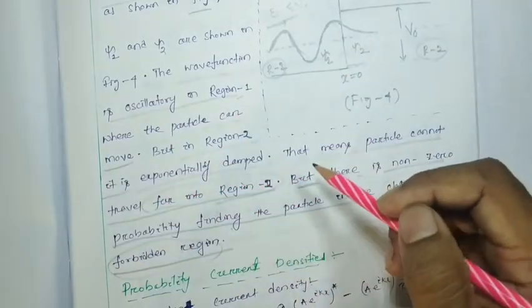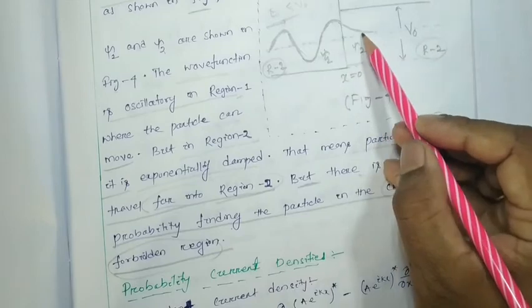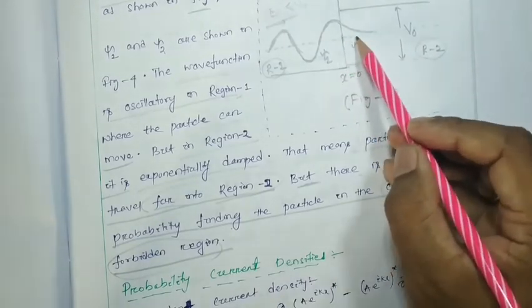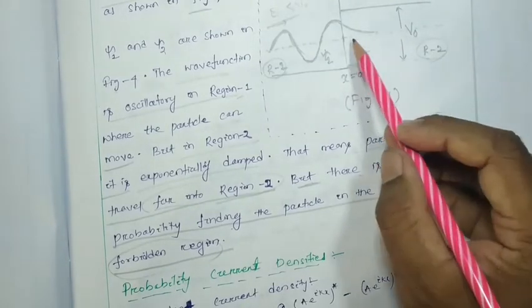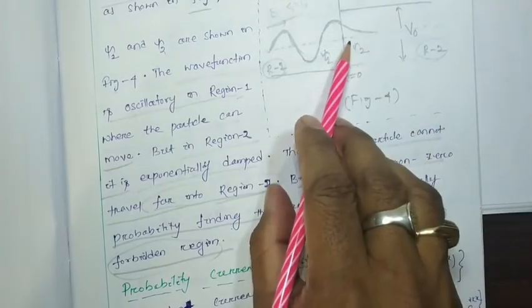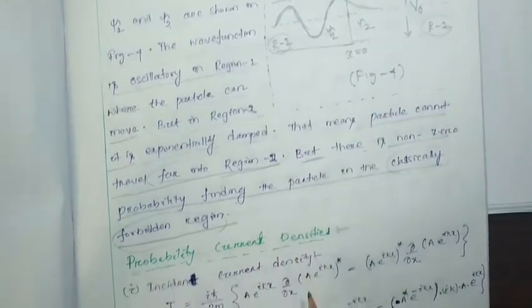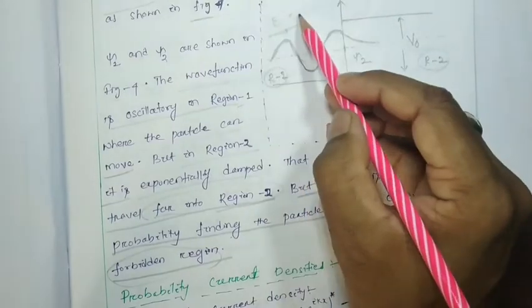But here we derived that there is some probability of finding the particle in region 2, up to some extent. That is the so-called tunneling effect. Tunnel means penetrated up to some extent. That is called tunneling, the tunneling effect in the classical region, even if E is less than V0.